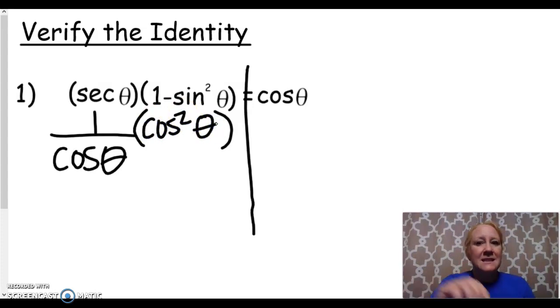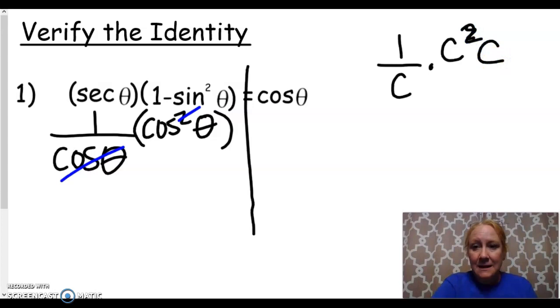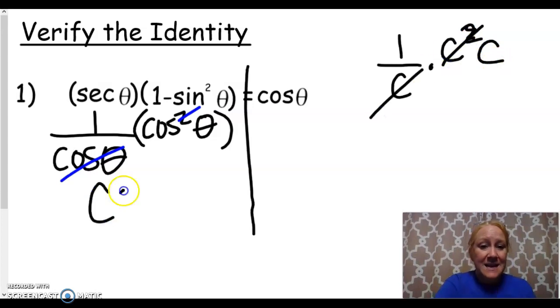Okay, now let's take this into algebra. If I had 1 over c times c squared, could I simplify some stuff? I could. This squared, I could write as c times c, and then the 1 cancels, so I'm left with a cosine on top.